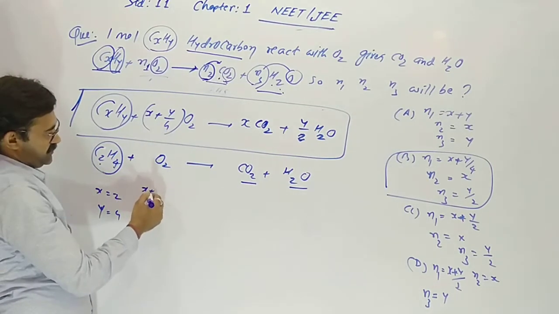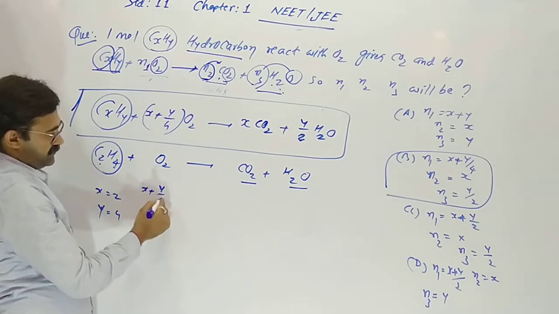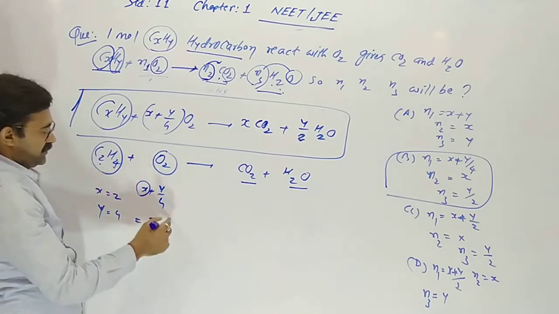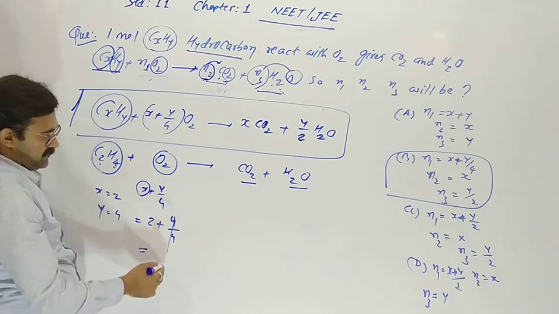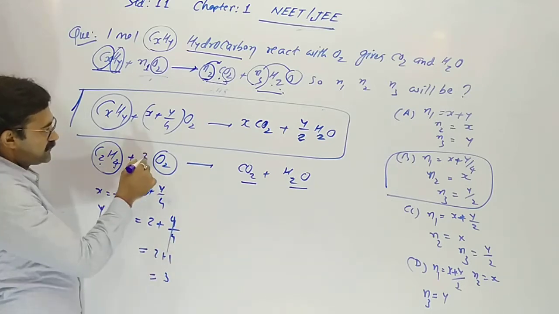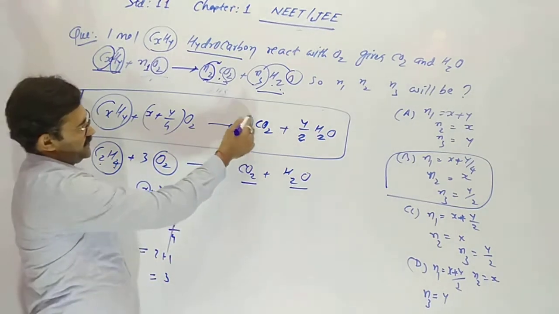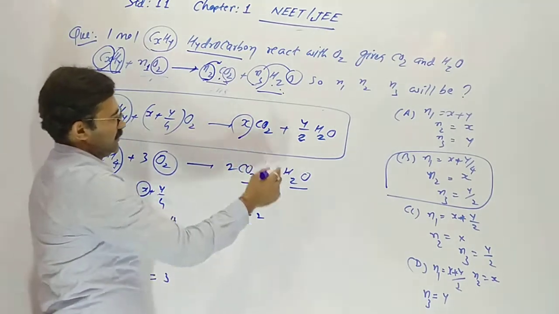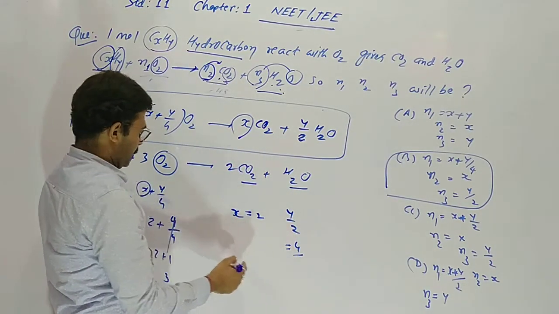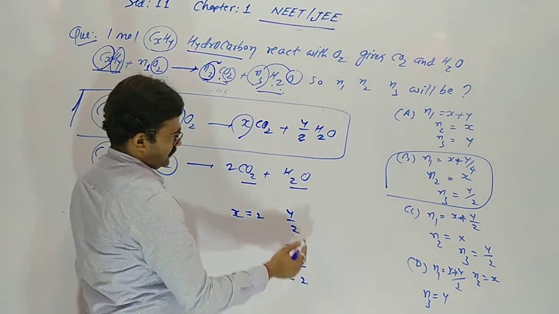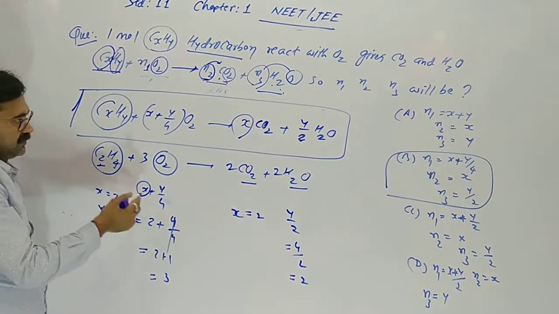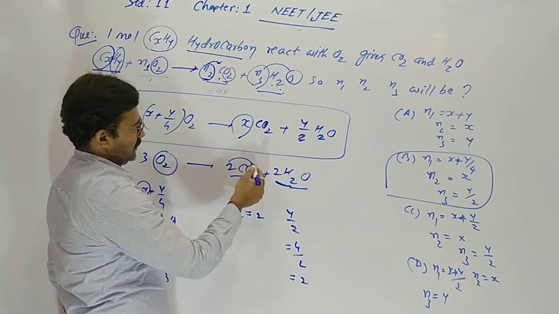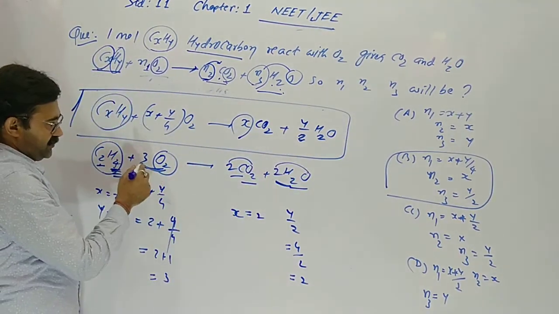So X plus Y by 4: instead of X there will be 2, in place of Y there will be 4, and 4 by 4 is 1, so 3 moles of O2. Here X is 2, so 2 mole CO2. Here Y by 2, so 4 by 2 is 2 mole of water. You can see carbon 2, carbon 2; hydrogen 4, hydrogen 4; oxygen 2 times 2 is 4 plus 2 is 6, and 3 times 2 is 6.